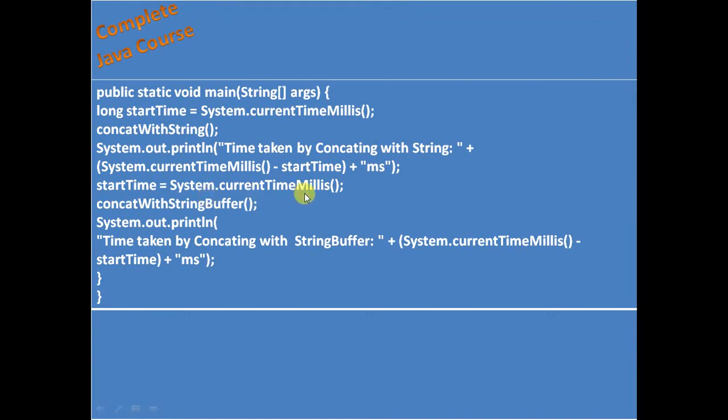This is also done with the StringBuffer class. We call currentTimeMillis to get the start time, then call the concatWithStringBuffer method, then get the difference between the start time and end time of the method.